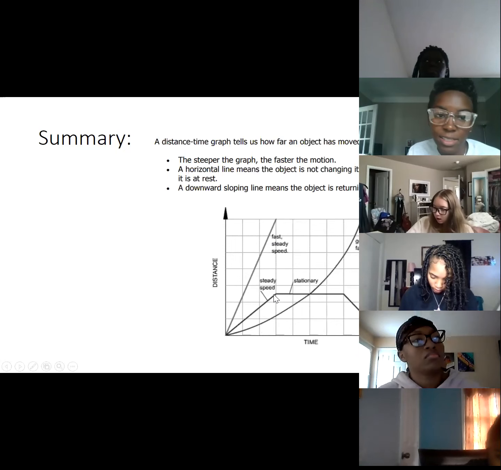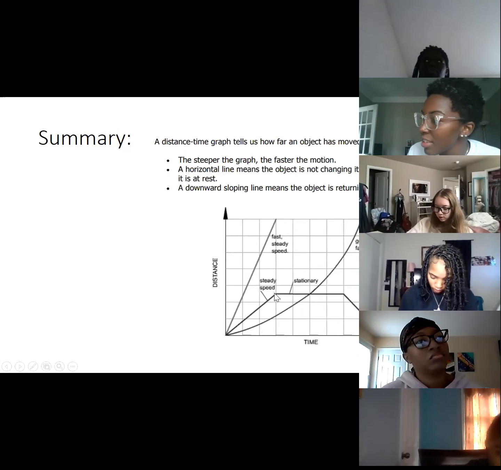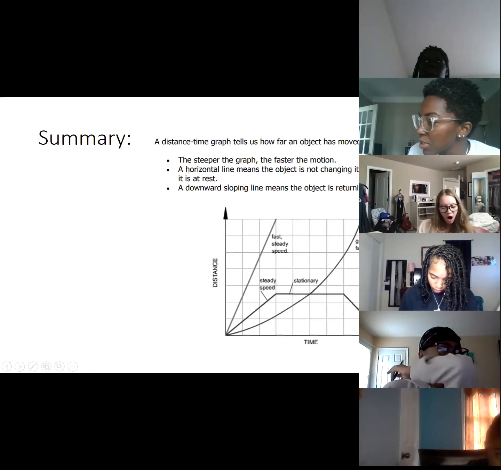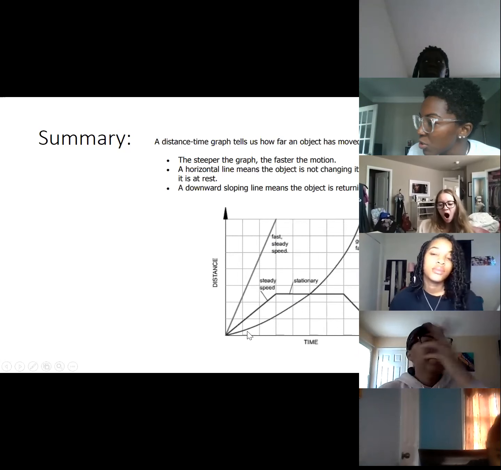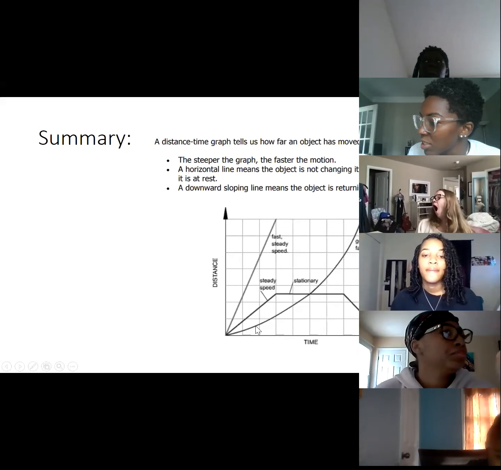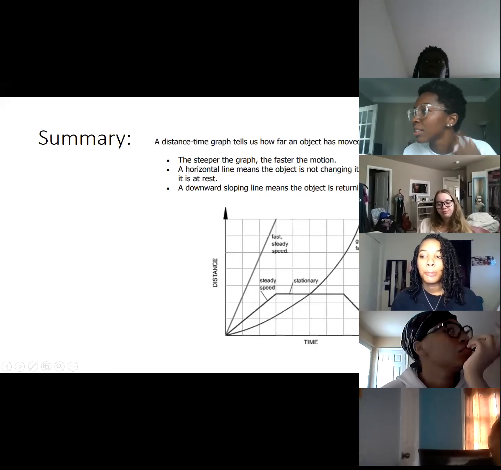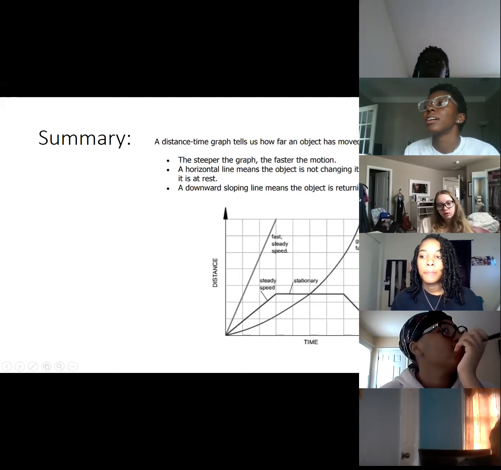Steady means constant, not changing. And then for a second, it was not moving. Then it started to decrease in speed. And this one shows an acceleration. So it's gradually, it's like getting on the interstate. It's gradually getting faster, okay? Any questions on this?